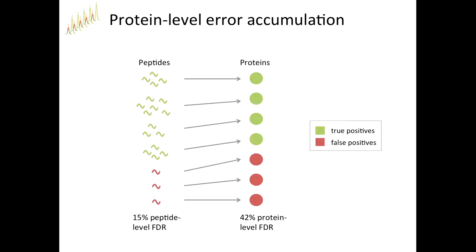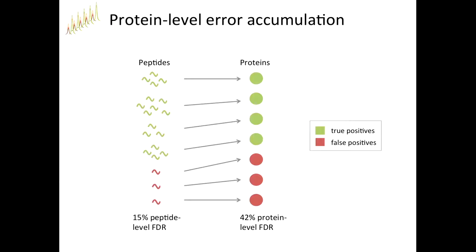However, the detected decoys are quite random. So each of these peptides tend to map to a different protein. So at the end, what you end up with is 3 out of these 7 proteins are actually false positives, and you have an increased protein level FDR compared to your peptide level FDR.